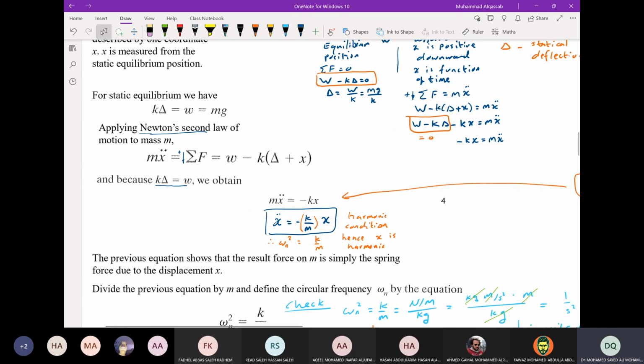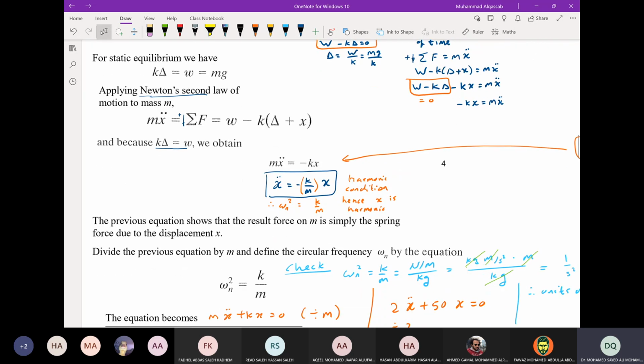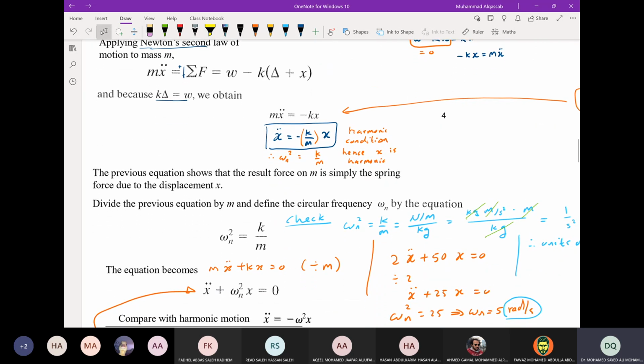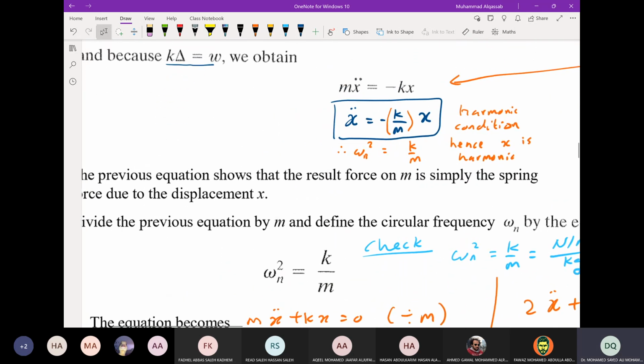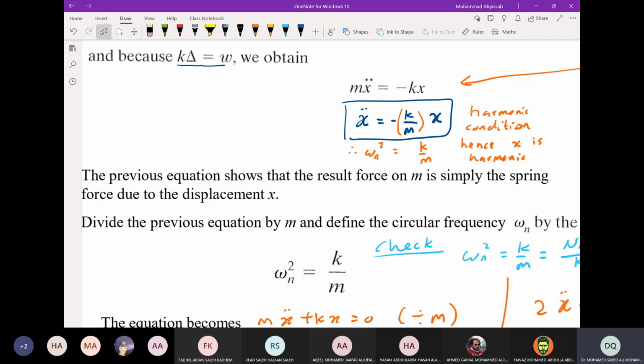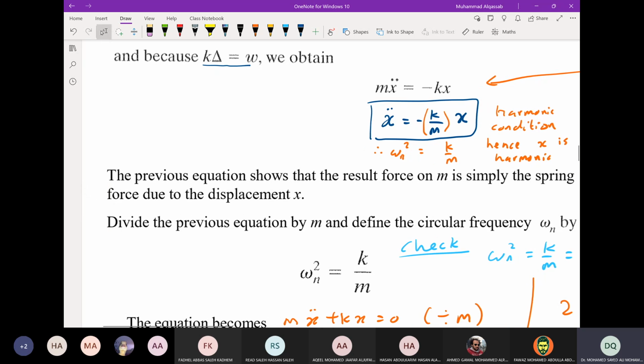This equation is similar to what we did in chapter 1 about harmonic motion, and we call this the harmonic motion condition, which means that the second derivative is directly proportional to the negative of the original function.